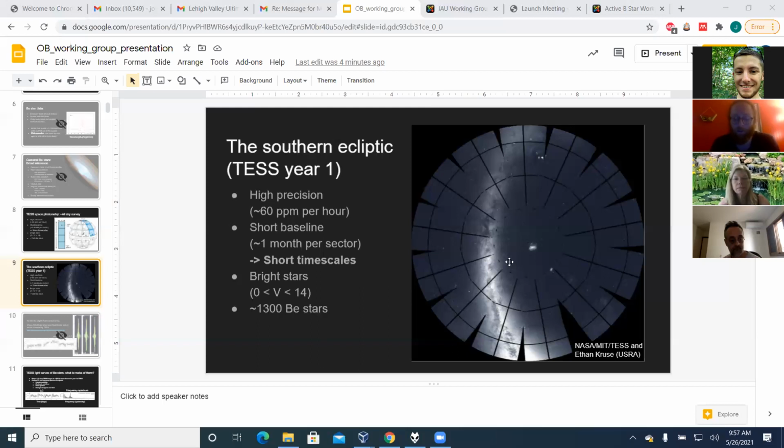And I'm hoping that having many examples similar to 25 Ori, I just mean similar in the sense that they're intensively monitored with TESS and spectra, we might be able to get a better idea of what the TESS variations actually physically mean in the stars with the help of spectroscopy.